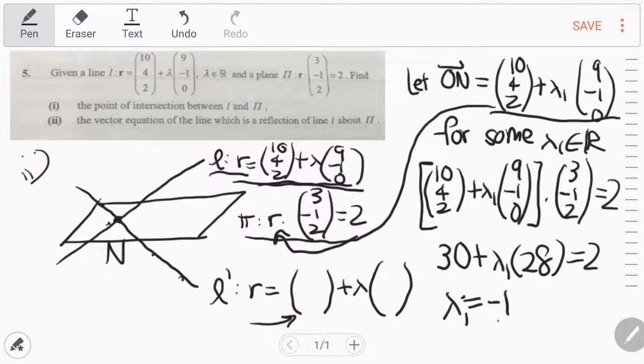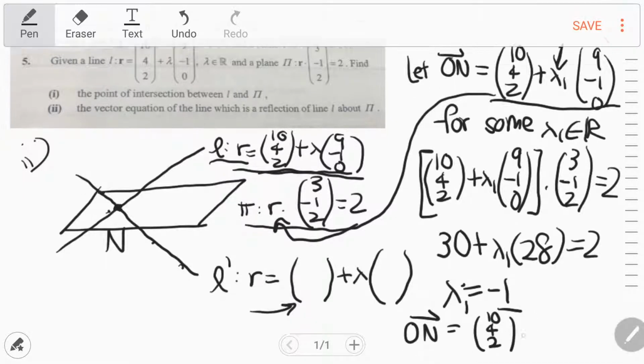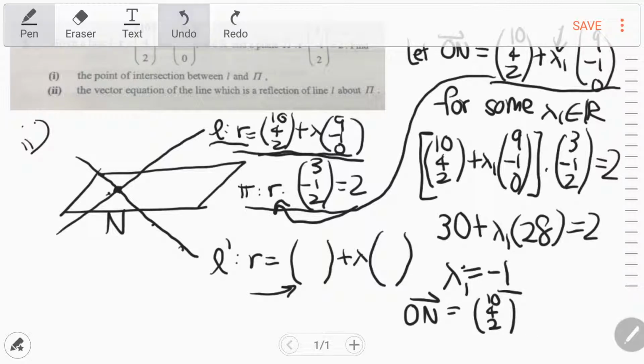If I substitute this back in, I get the position vector ON, which equals (10, 4, 2) minus 1 times (9, -1, 0).